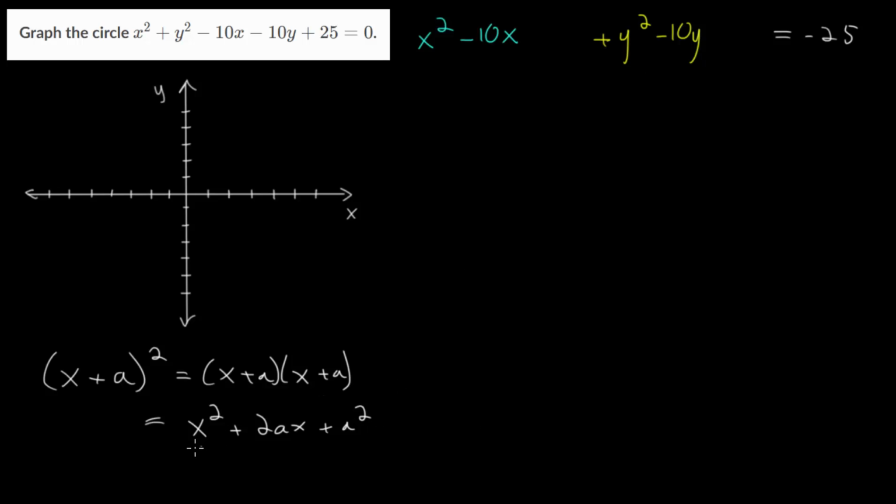And essentially, we are starting with this. So if we figure out what a is, then we can figure out what a squared is and add that. And by adding that, we can then transform this quadratic expression to some binomial squared. And by doing so, we can essentially find the standard equation of this circle.